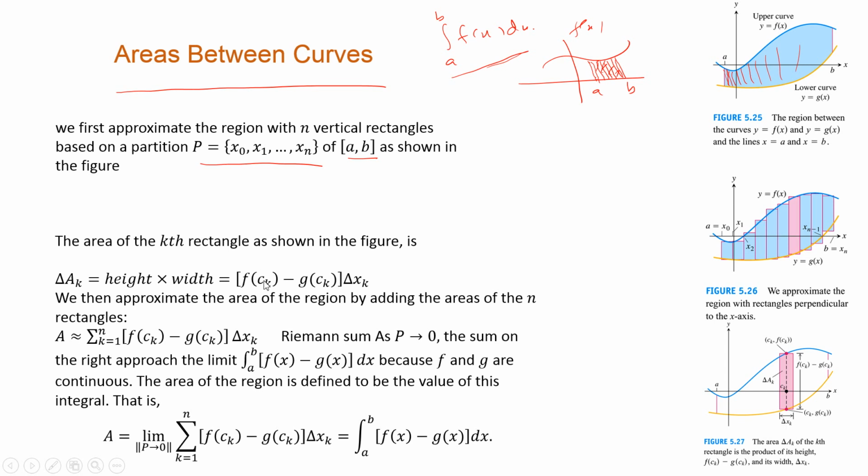So this is the height between the curves, f(ck) minus g(ck), times the width delta xk, and then we add all these areas, and then we let n approach infinity, or the norm of P, that is the maximum width of the rectangle, approach 0. By taking this limit we have the integral from a to b of f(x) minus g(x) dx. By the definition of the definite integral, we have this area.